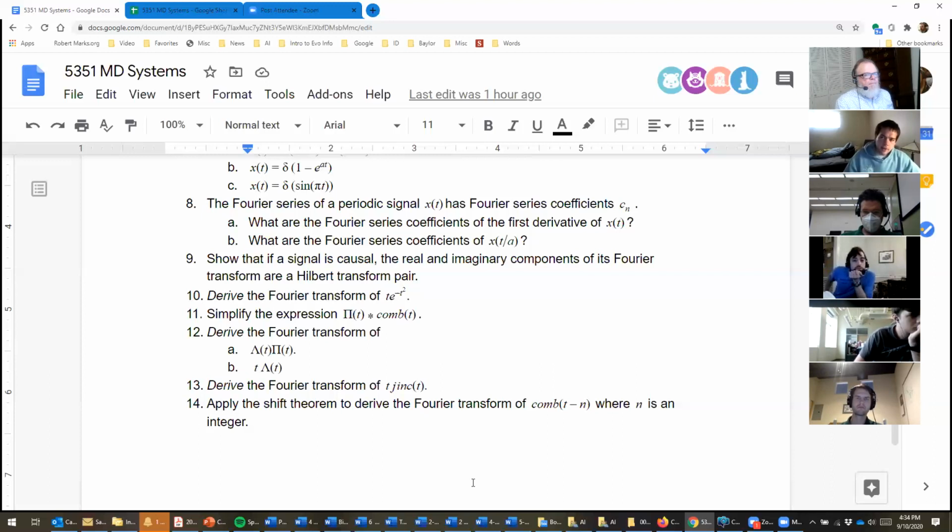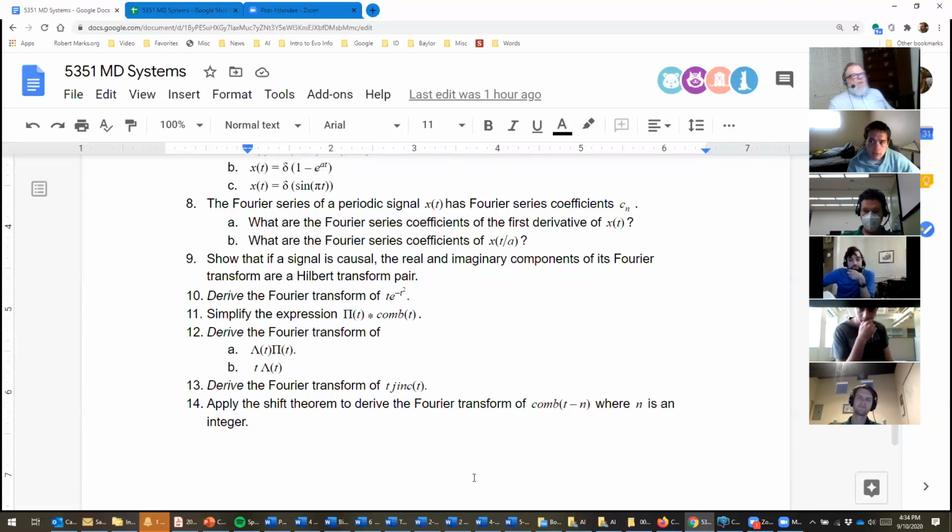This one's kind of, I don't, like the cone function itself is already, you add up a bunch of shifted deltas. So I don't see how adding another shift really changes anything. Aiden, the definition of the cone function is already from negative infinity to infinity.